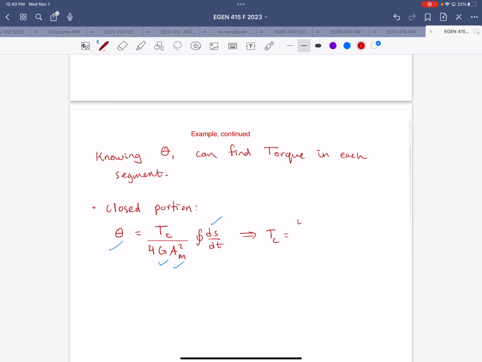So that's going to be 4 times G, which is, after converting in terms of millimeters instead of meters, 80 times 10 cubed. And then we have 360.8 squared for Am squared, and then theta is 8.18 times 10 to the minus 6.